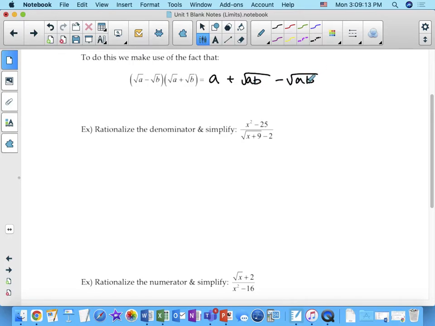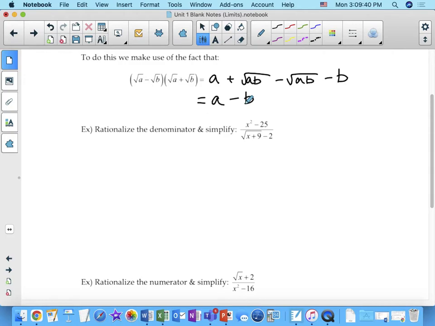And then minus the square root of b times the square root of b is minus b. So this just becomes a minus b. Okay? And these two things, do you remember what they're called? The relationship between these two factors? Not reciprocal, it starts with a C. Conjugate. Yeah?